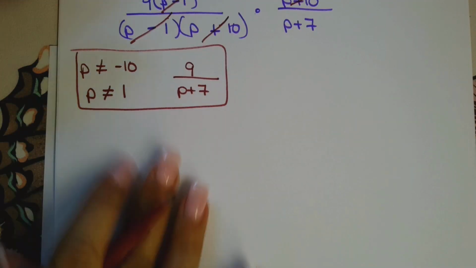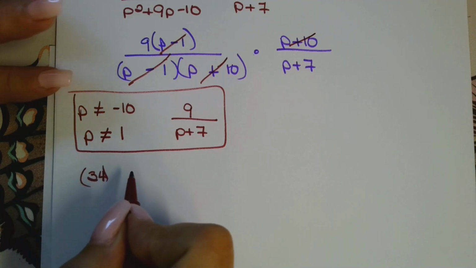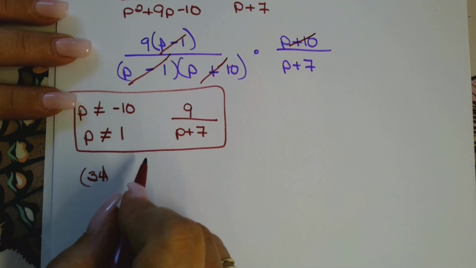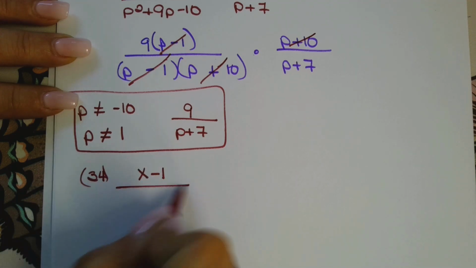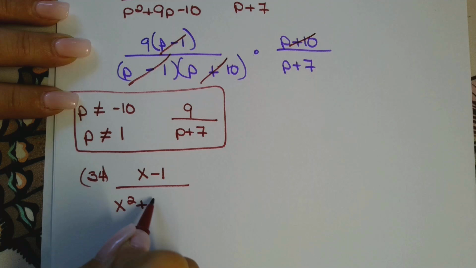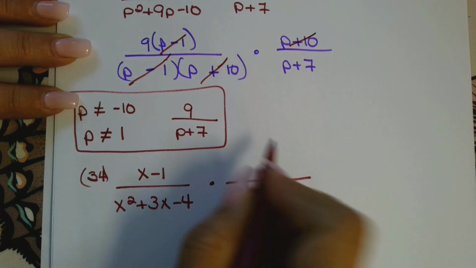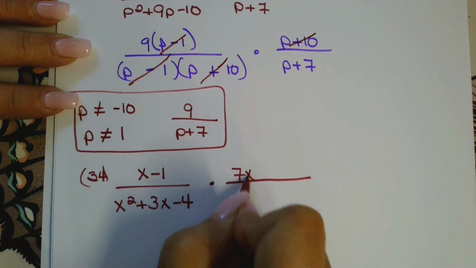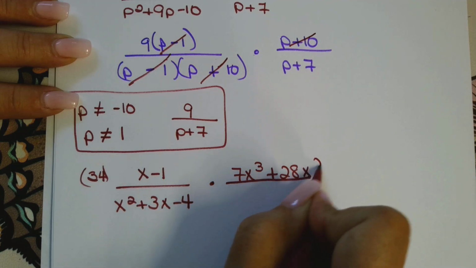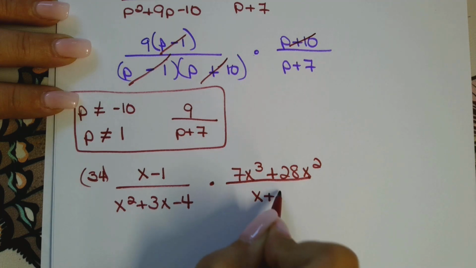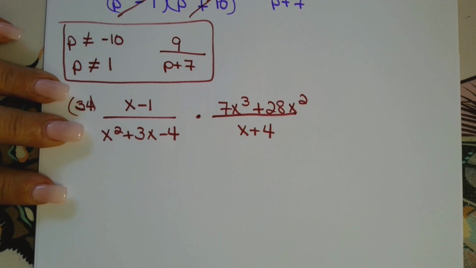Number 34. We have x minus 1 over x squared plus 3x minus 4 times 7x to the third plus 28x squared over x plus 4. All right, again, we are going to factor what we can factor.